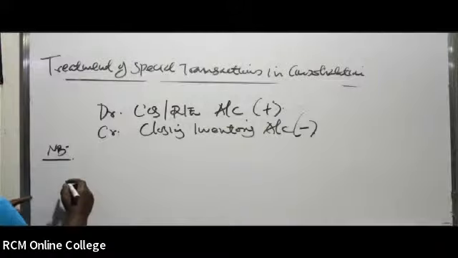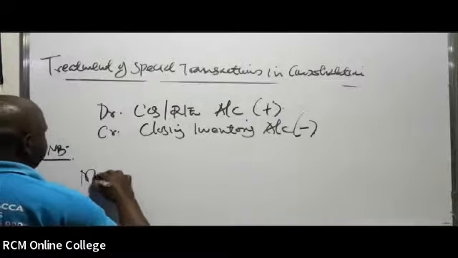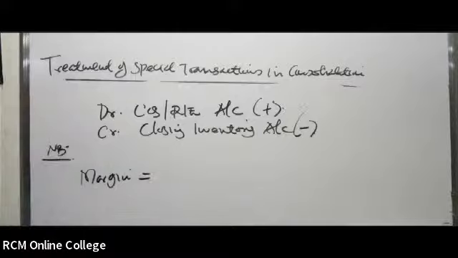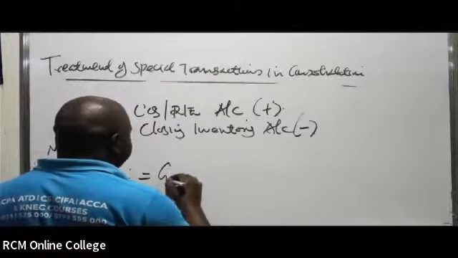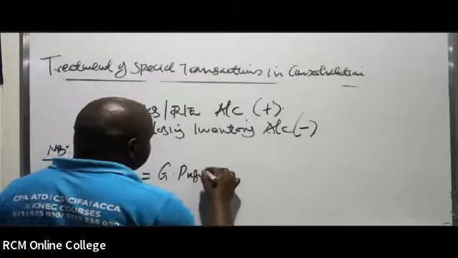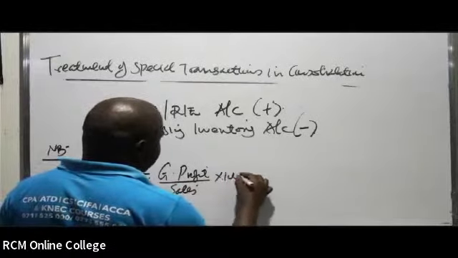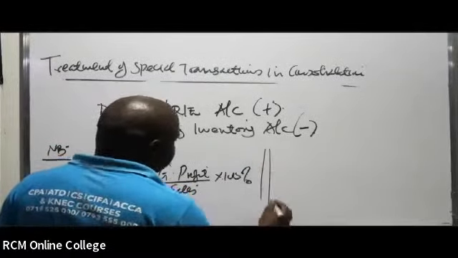Then you say margin is equal to, you write a formula for the margin. How do you get the margin? You take the gross profit over sales. Margin is equal to GP over sales multiplied by 100%.